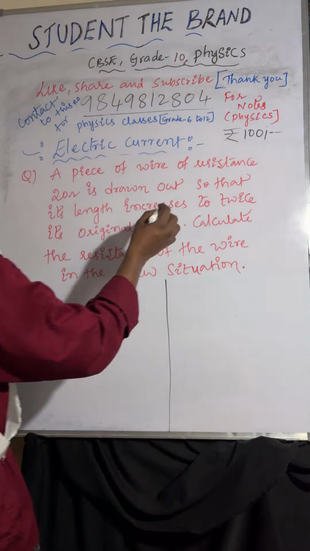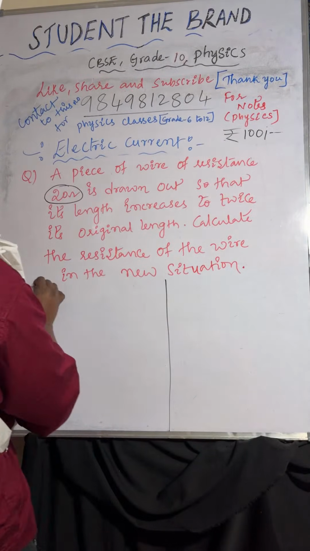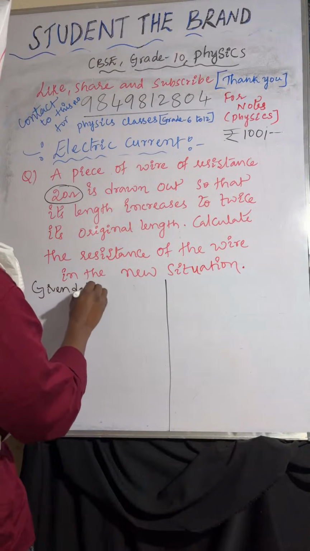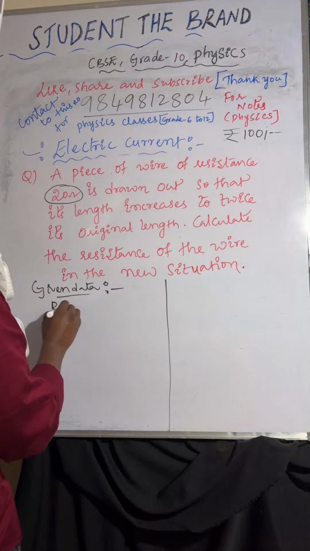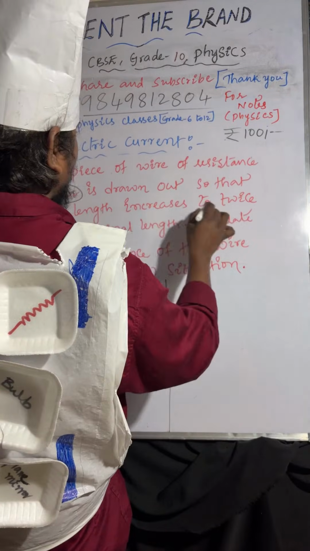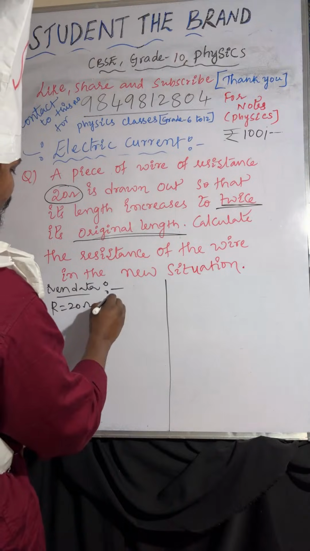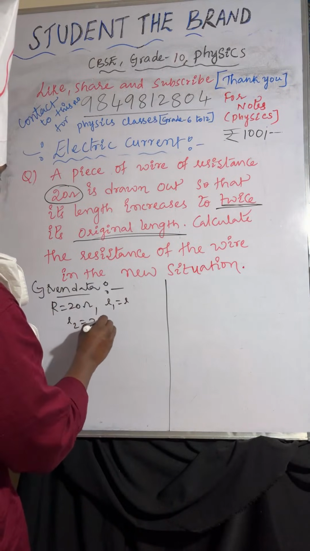Okay, so first you see, resistance is 20 ohm, given data. So R equal to 20 ohm, and the length increases twice, in the sense L1 is L, L2 is 2L.